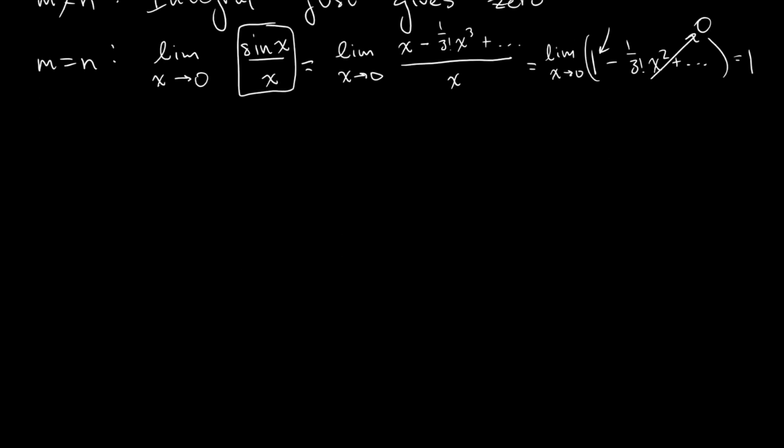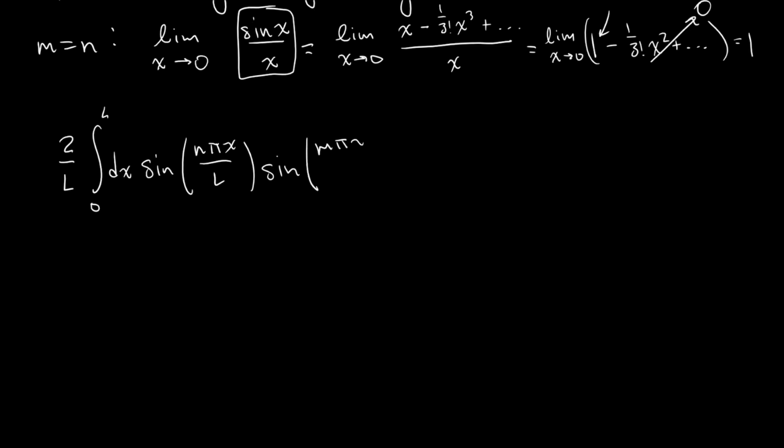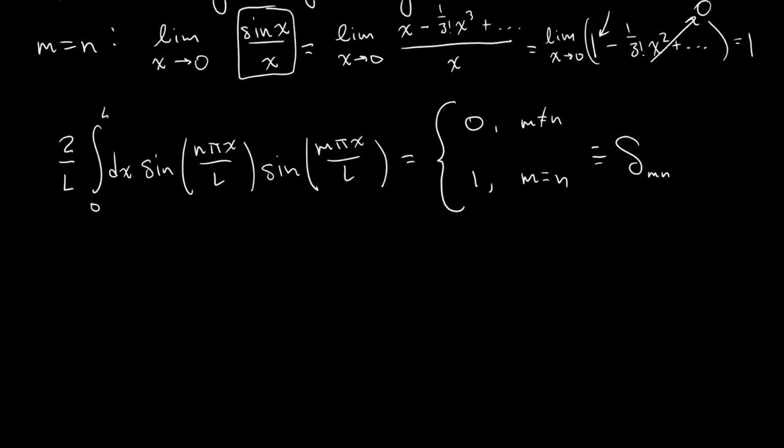So what we see is that this integral, 2 over L, integral from 0 to L, dx sine of n pi x over L sine of m pi x over L, is equal to 0 if m does not equal n, and 1 if m equals n. I can write this in a more compact way as the Kronecker delta. So this is defined as the Kronecker delta.